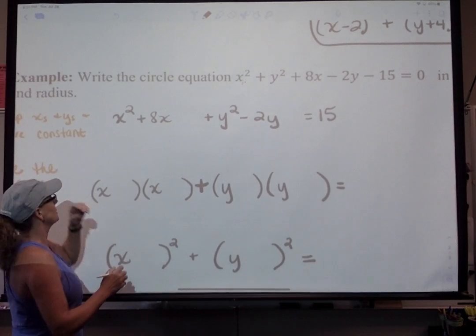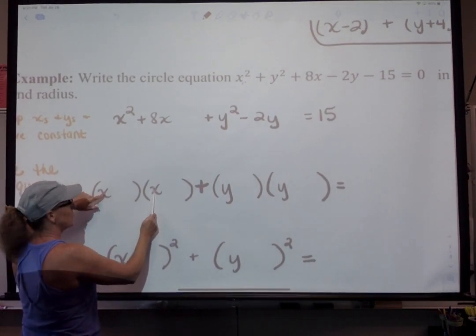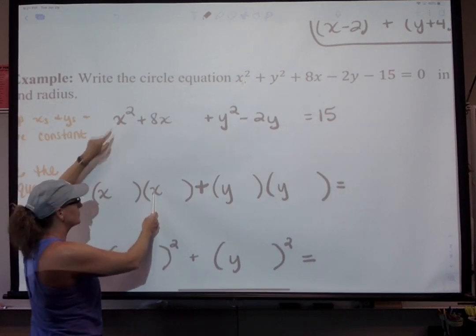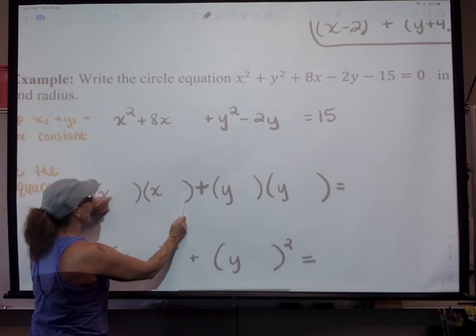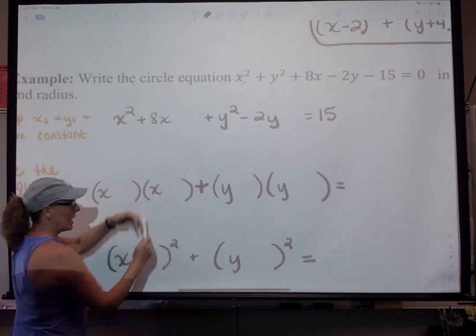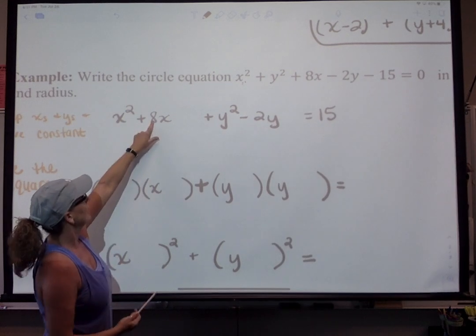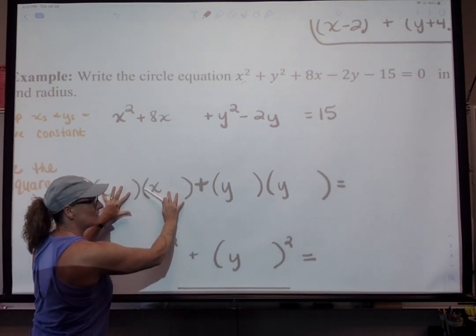So when I multiply the first two together, I'm supposed to get x squared. Check. When I multiply my outer and my inner, and I combine them, guess what I get? I get 8.